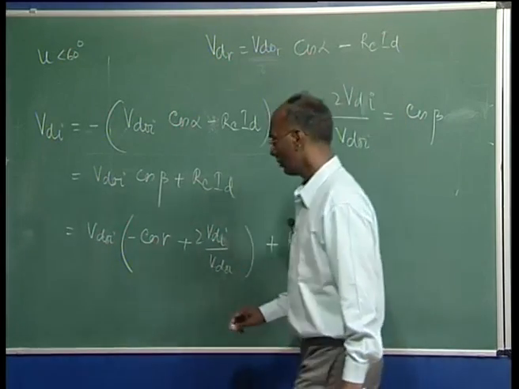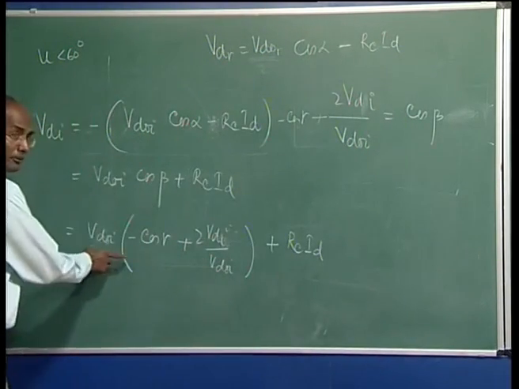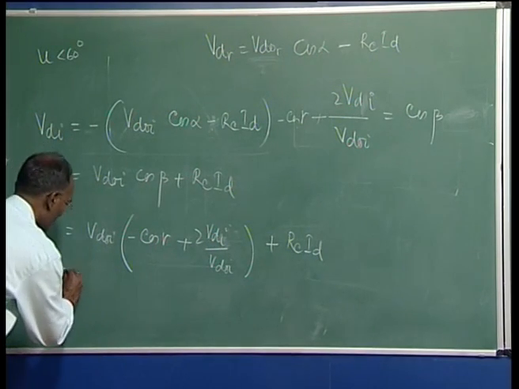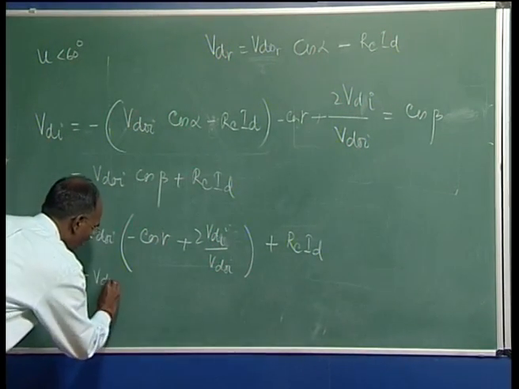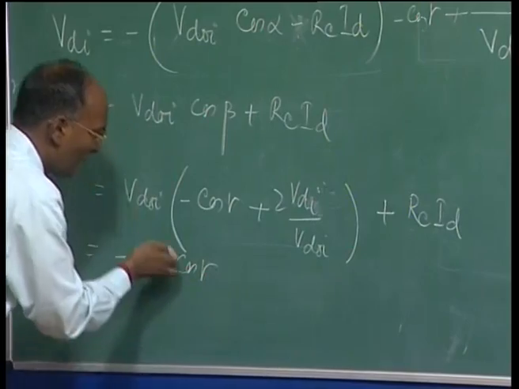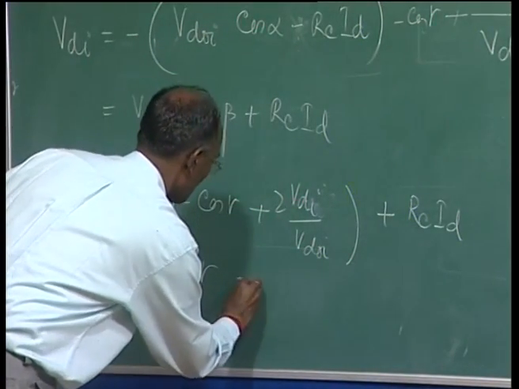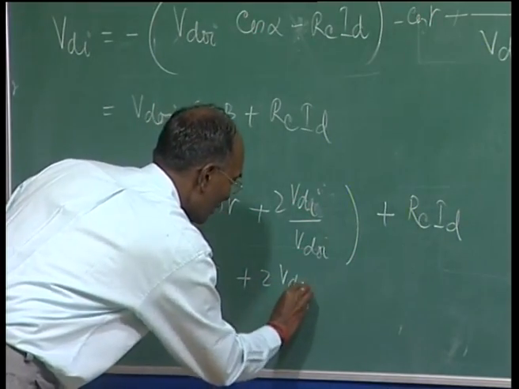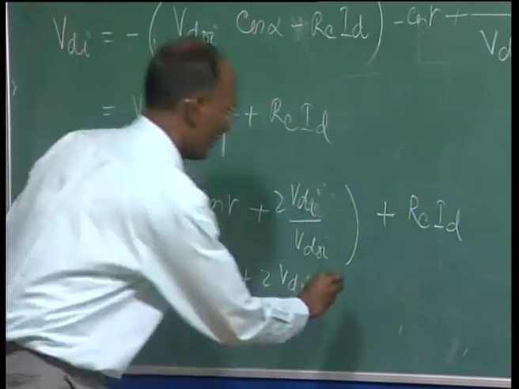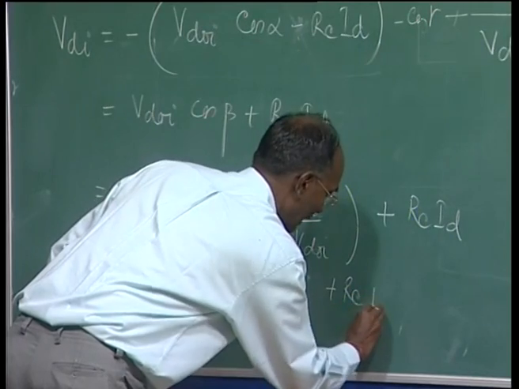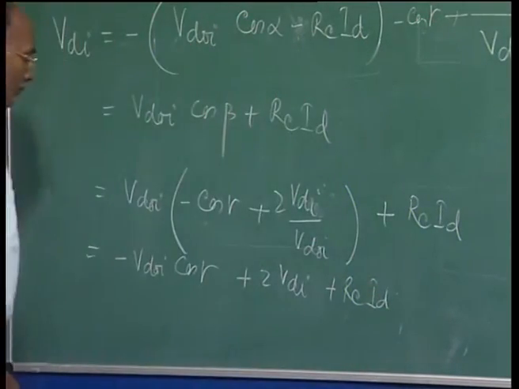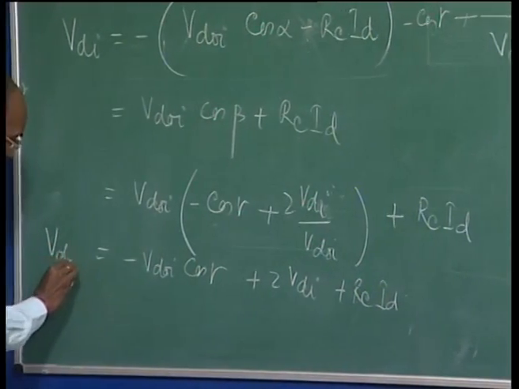Right. Now, what we can do, we can simplify here. We are going to have minus VDO I cos gamma. Here if you are multiplying, you are going to get plus 2 VDI plus your RC ID, and this is nothing but equal to your VDI.